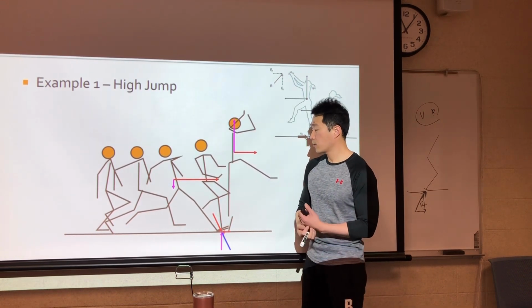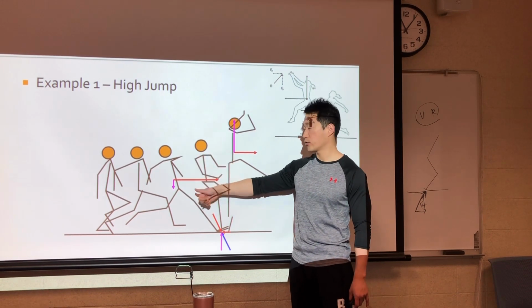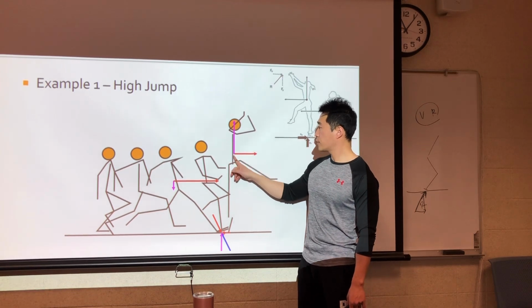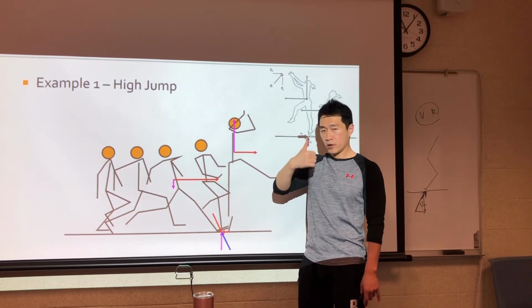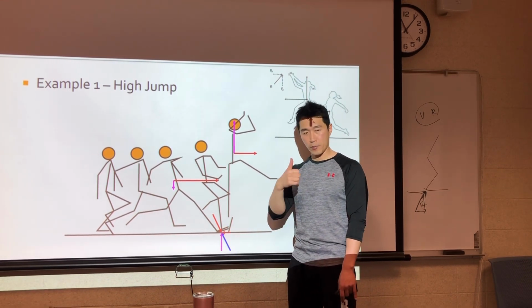And then for the vertical velocity, it was getting downward, but he changed direction from down to up, as I explained earlier. His upward vertical velocity is primarily due to this vertical component of ground reaction force.